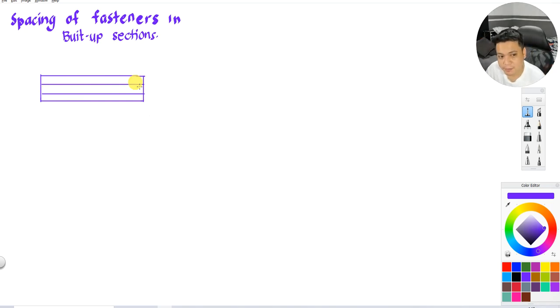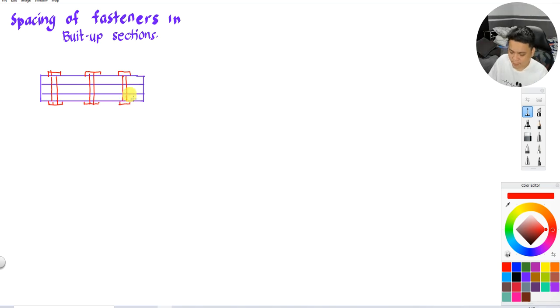So, sabi ko nga, para mag-act siya as one, dapat meron sa kanyang nag-hold. Okay. So, pwedeng yan, lalagyan din ng bolt. Lalagyan dyan ng bolt. Lagyan dito ng bolt.